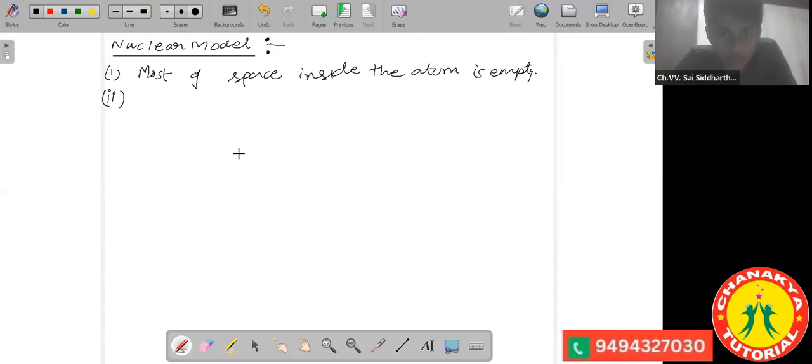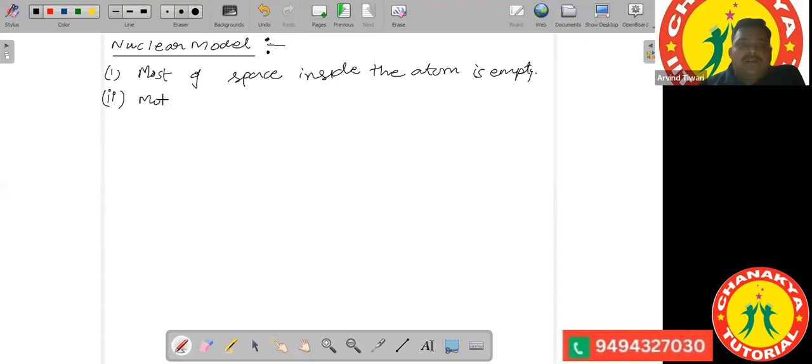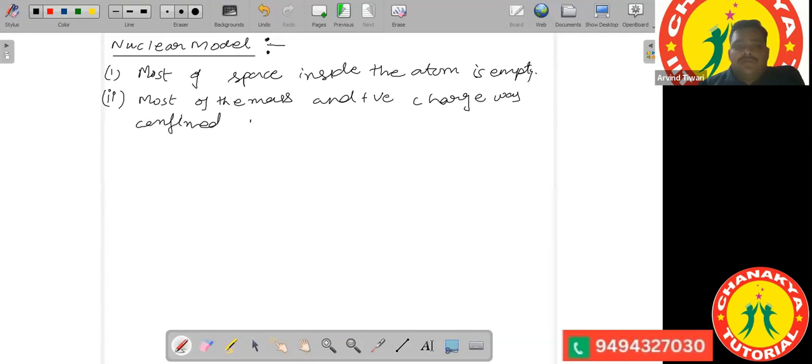Positive charge and most of the mass is present in the nucleus. Yes, so this was the second point: most of the mass and positive charge was confined within a small volume called nucleus.